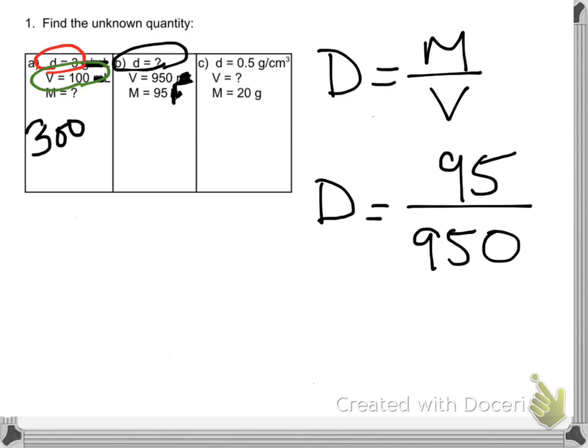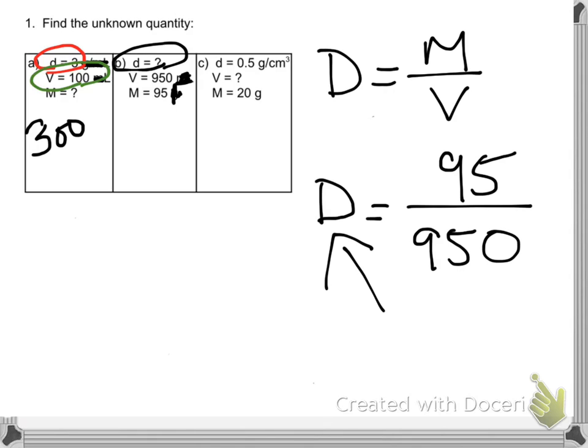Okay, so the first thing that I would want to do is what? Yes, I would agree. Let us multiply both sides by 950. Now, why would I want to do that? Usually, you would multiply both sides by the denominator to get the letter you're solving by itself. But the letter that I'm solving is by itself.